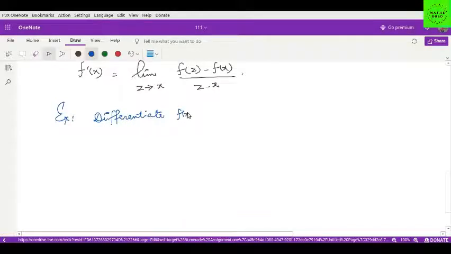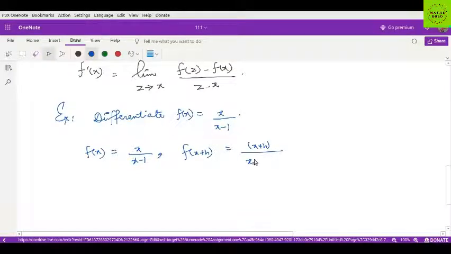So differentiate f of x equal x upon x minus 1. So we have been given f of x as x upon x minus 1, and f of x plus h becomes x plus h upon x plus h minus 1.